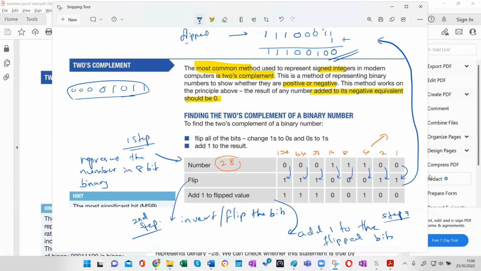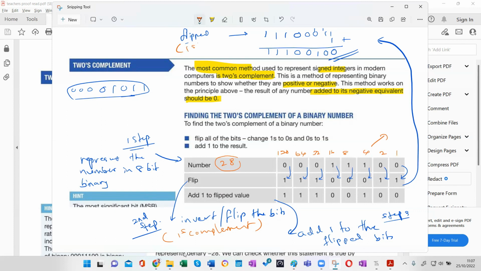Do you know that once you flip the bits, that is called ones complement. Right? When you flip the bits, the result is called ones complement form. So in order to make 2's complement, you add 1 to the 1's complement.